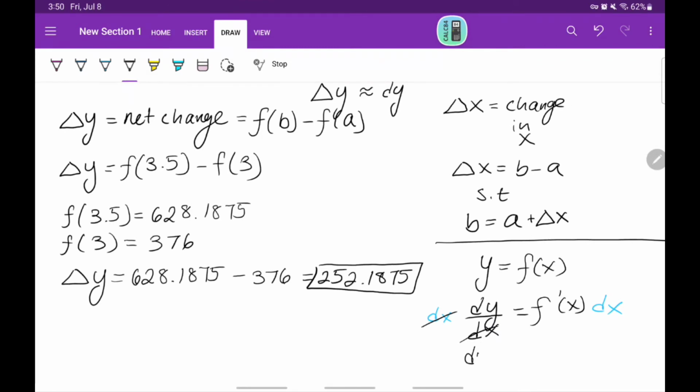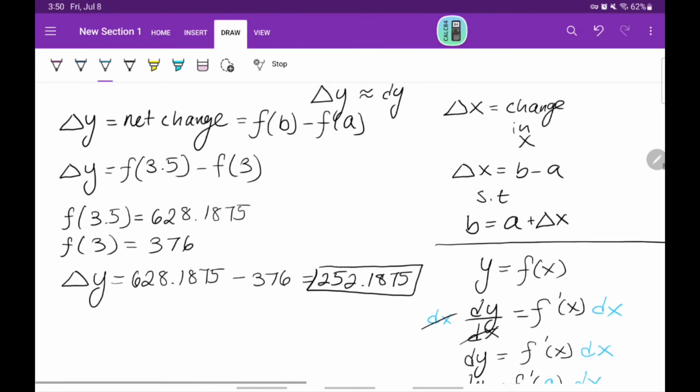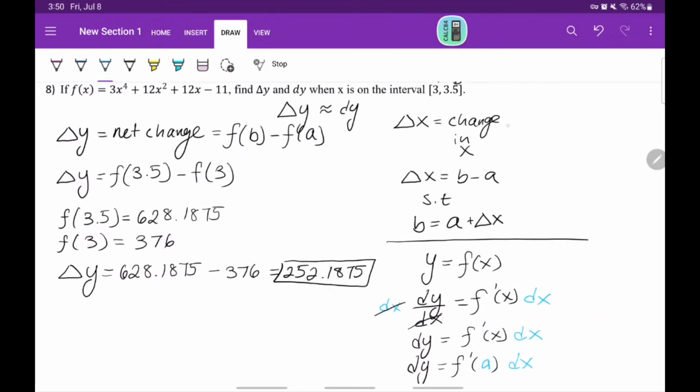We have dy equals f prime of x times dx. And for our differential, we can say that dy is equal to f prime of a times dx. And what is dx? dx is also the change in x.